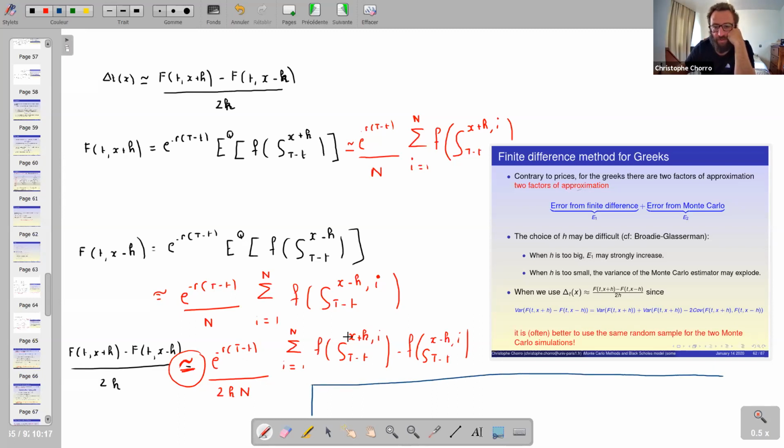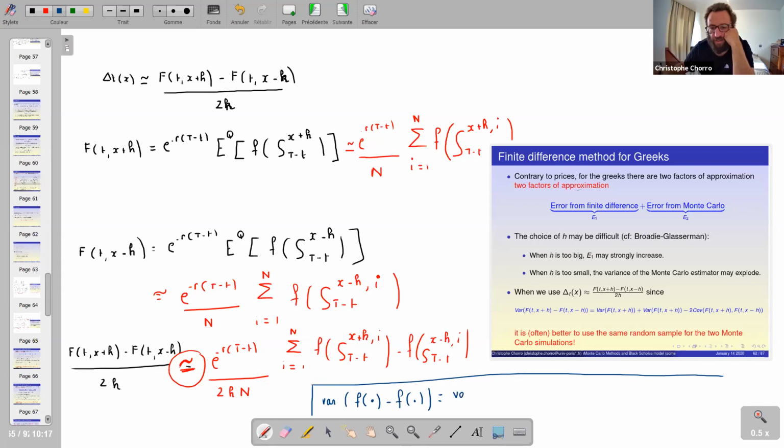If I am interested in my quality of approximation here, I have the variance of the difference, that is equal to what?